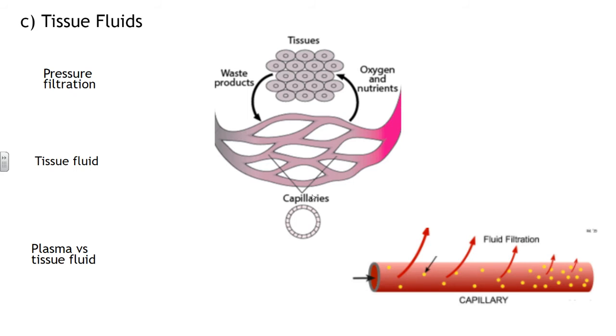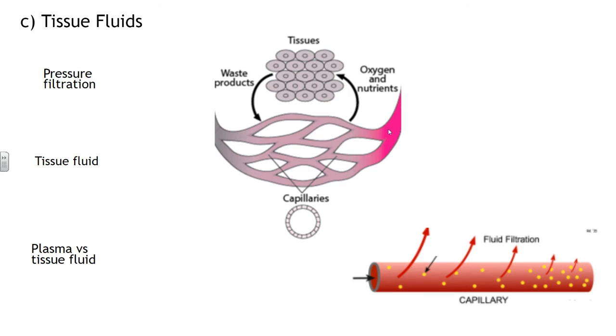The high pressure causes the movement of the liquid out through the capillary walls and into the area around the tissue. This makes what we call the tissue fluid, which supplies cells with glucose, oxygen, and other substances. Carbon dioxide and other metabolic waste products can diffuse out of the cells and go into the tissue fluid.